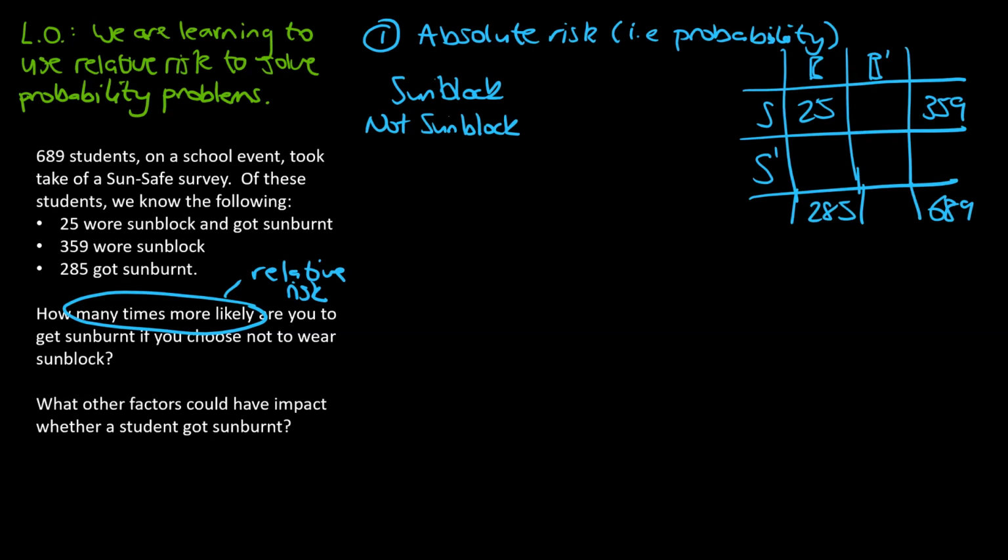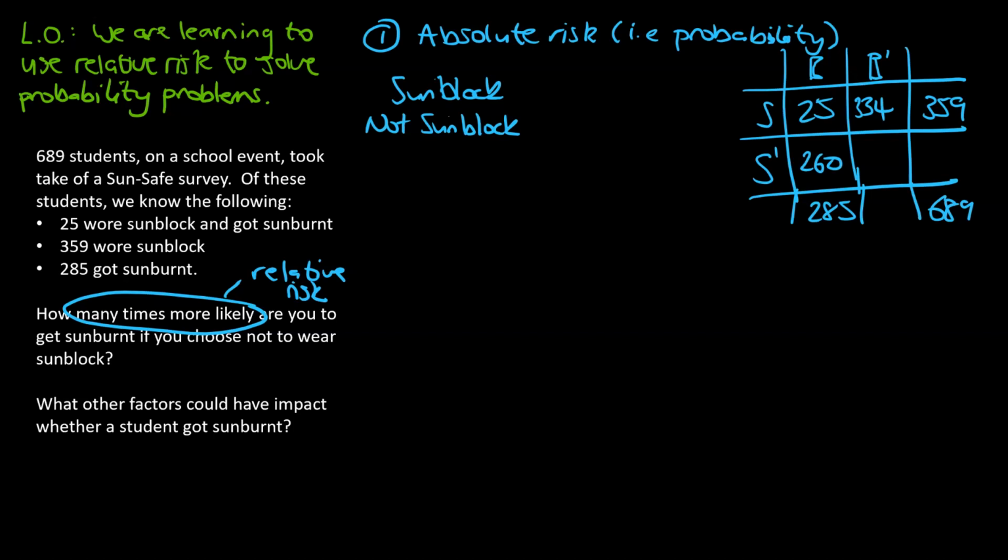From there, can we figure out the rest of our table? 359 minus 25 tells us that there were 324 people that wore sunblock but didn't get sunburnt. We can also figure out this number here, which is 285 minus 25. That gets us to 260.